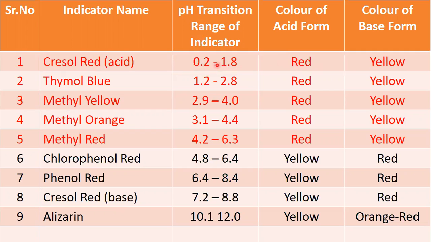Beyond 0.2, the color of the indicator becomes yellow. And beyond 1.8, it will be yellow. Now here, for methyl red, below 4.2 the color of the indicator remains red. Above 4.2, the color of the indicator becomes yellow.